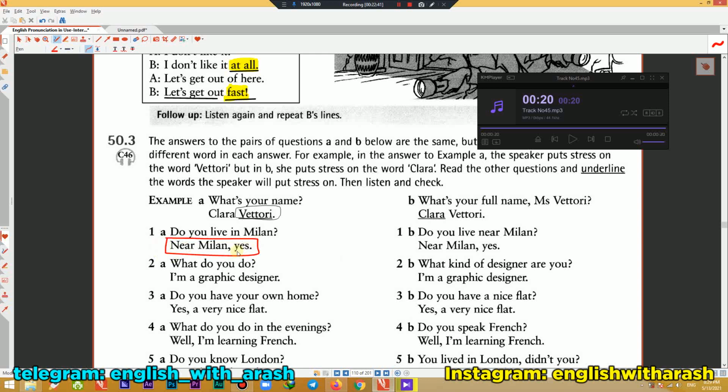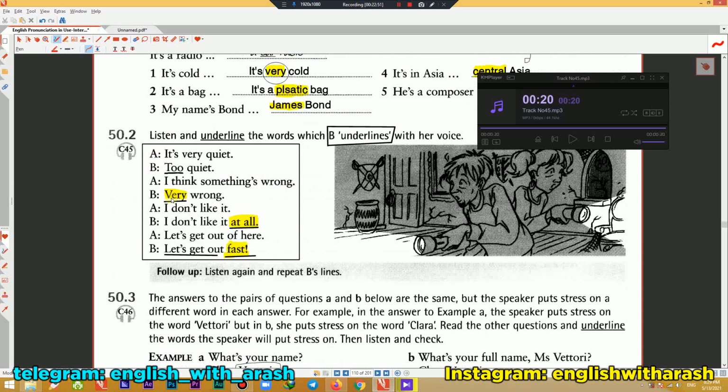Do you live in Milan? Near Milan, yes. What about the first wrong? Parisa says, first wrong. Yeah, first wrong is stressed.